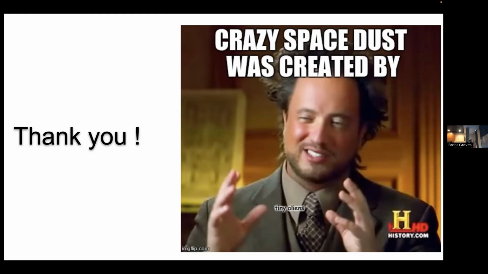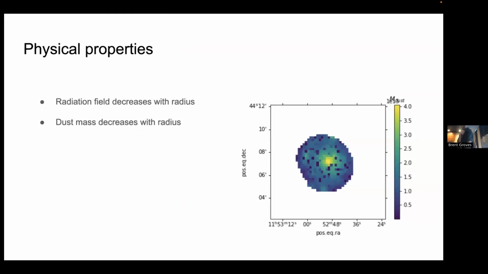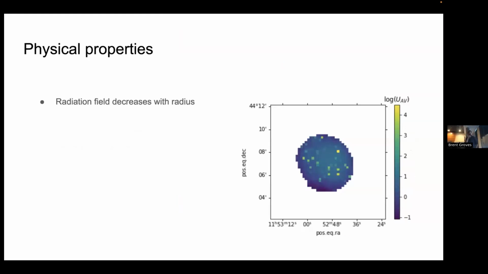What did you think in terms of the properties you extracted? What were the differences between the two galaxies that you thought were the most interesting? Sadly, due to time constraints, we didn't manage to get all the SED properties from both galaxies. But one thing that we can shortly show is that if we look at the average radiation field, that is more or less equally decreasing with radius.